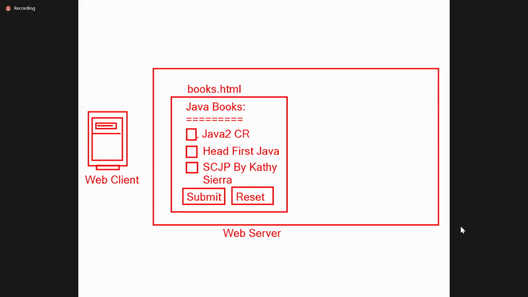This page comes, and after getting this page, you'll make a selection. Like this, the client to server request comes.